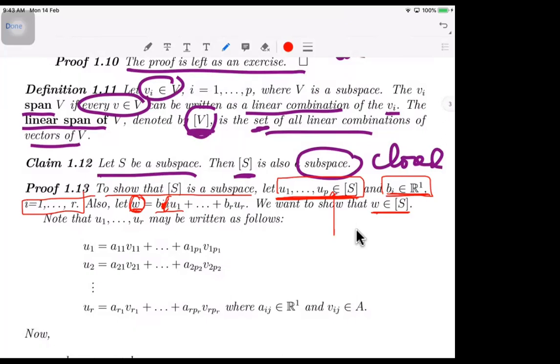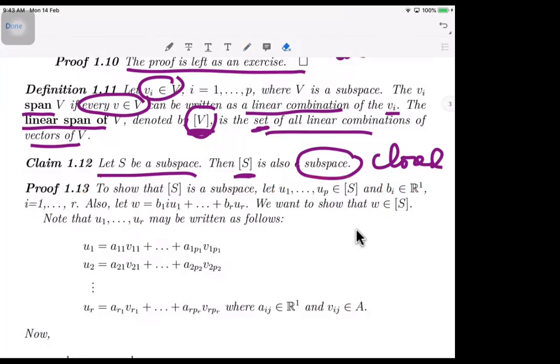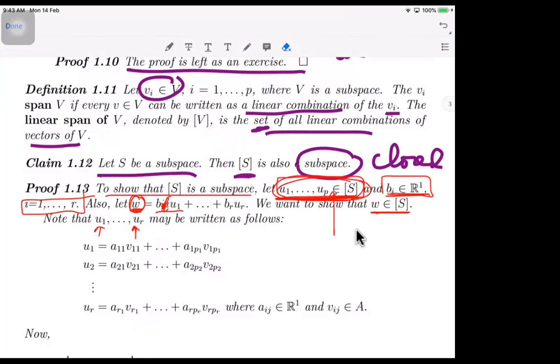So, note that our u's are in the span. Each of them can be written as a linear combination by definition of a span. Are you with me?